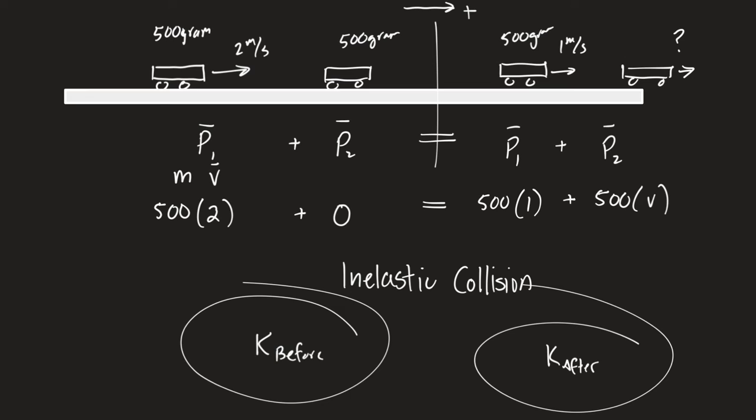Now I'm hearing a conversation. Yeah, you should probably put the 500 grams in kilograms when you're calculating kinetic energy. You probably should. That would be 0.5 kilograms.